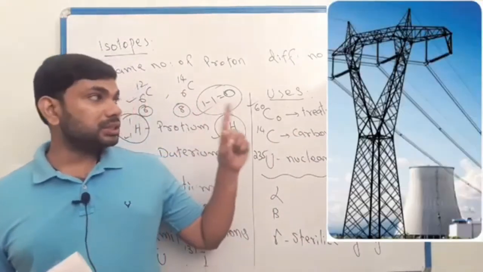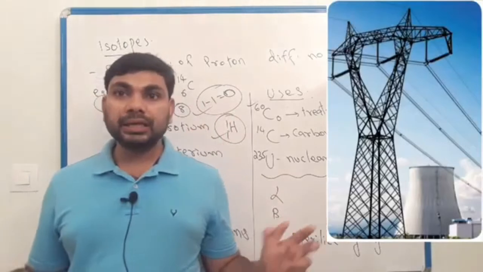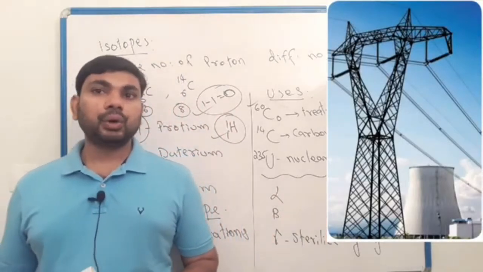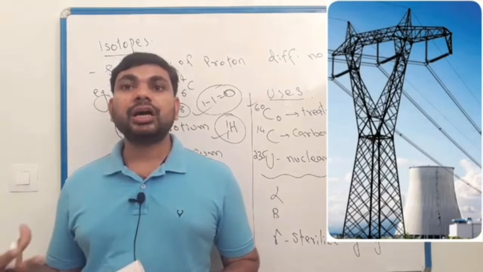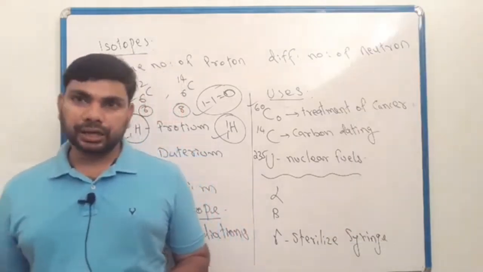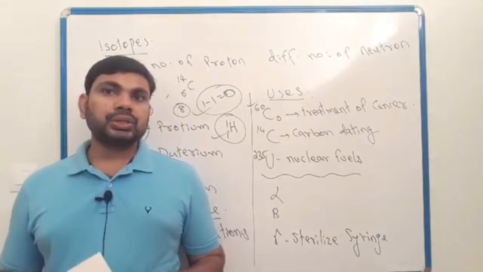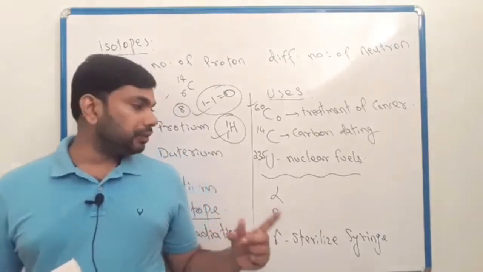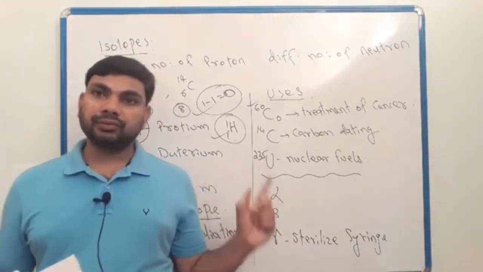Here in this nuclear reactor, there are many reactions like nuclear fission. It produces a large amount of energy and we can utilize this energy. So in a nuclear reactor we will use uranium 235.